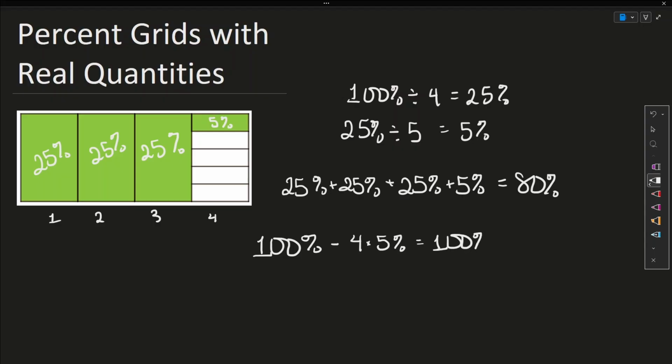So 100% minus a total of 20% that is unshaded to also give us 80%. This diagram is 80% shaded. Students may solve this in different ways, and that is a good thing. One student may find the shaded amount directly, another may find the unshaded amount and subtract from 100%.